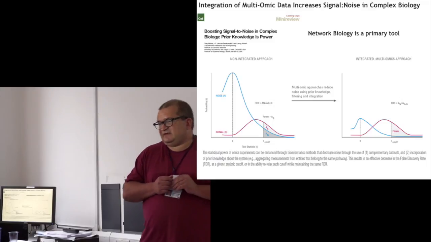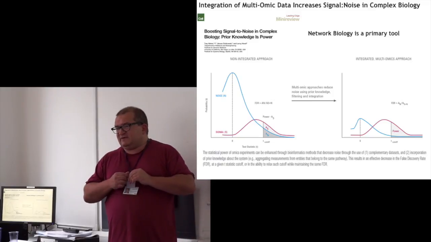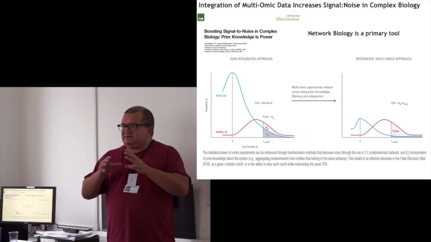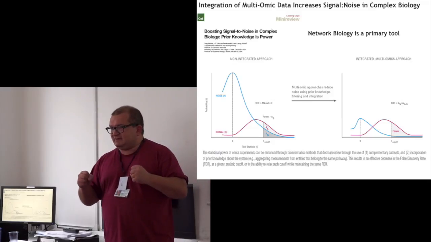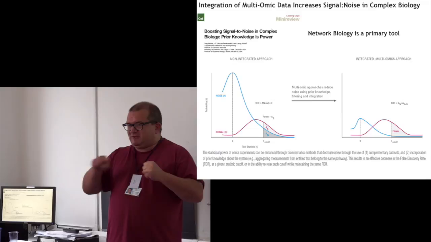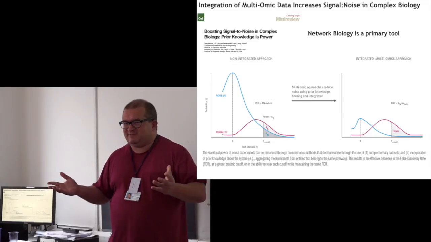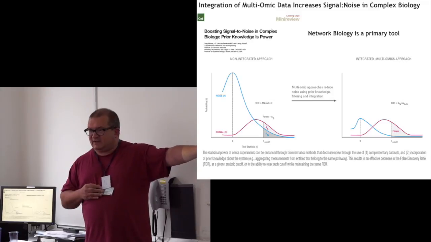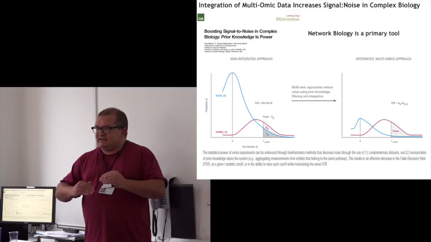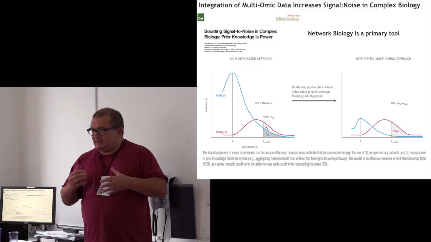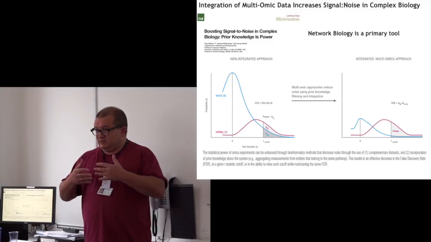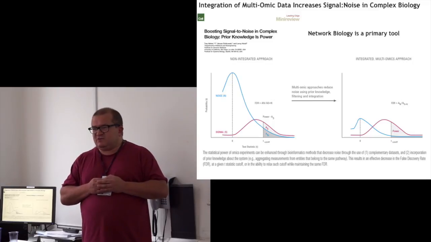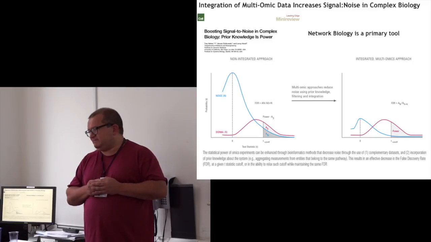Now this is, I think, quite a nice way of thinking about something that's very hard to explain any other way. If you had two omic sets that were truly independent, you could of course multiply the probabilities together. Of course they're not truly independent. But what's for sure is that if we integrate data, we get a benefit in our power, the ability to detect, in a way that's quite hard to model.